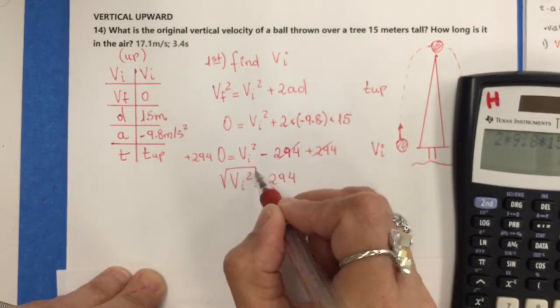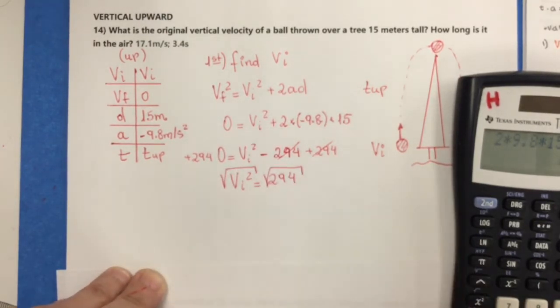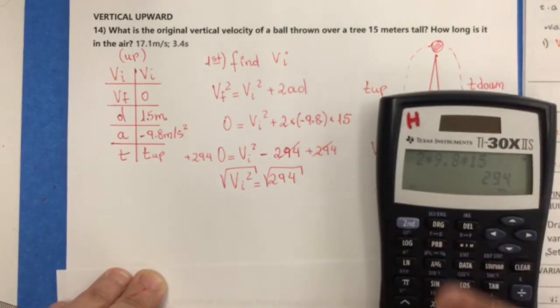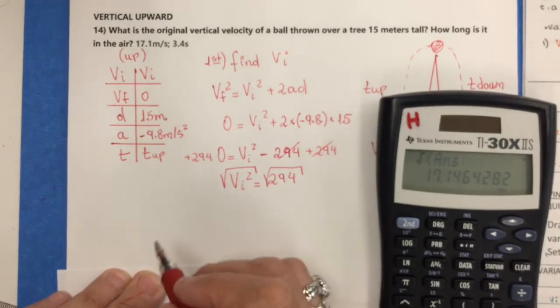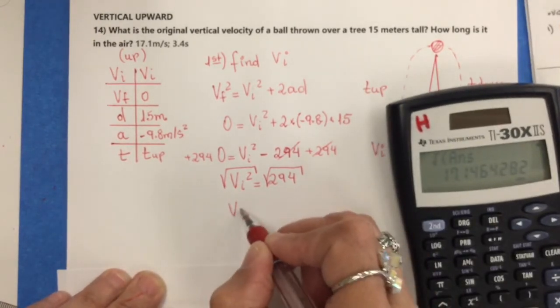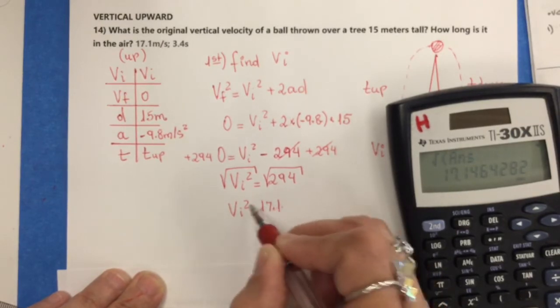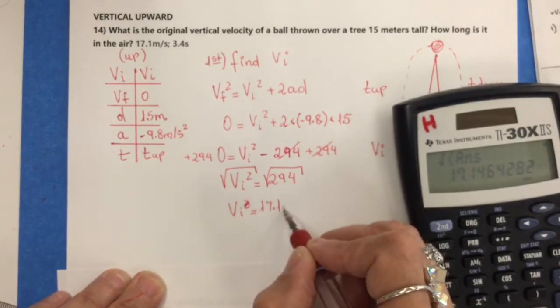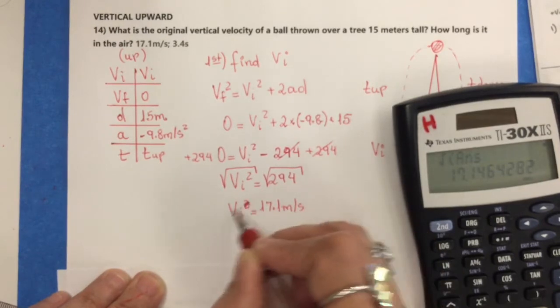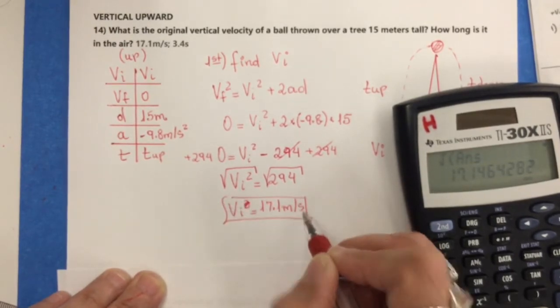Now we take the square root. The square root of this is 17.1. VI is 17.1 meters per second, not squared, as I already took the square root.